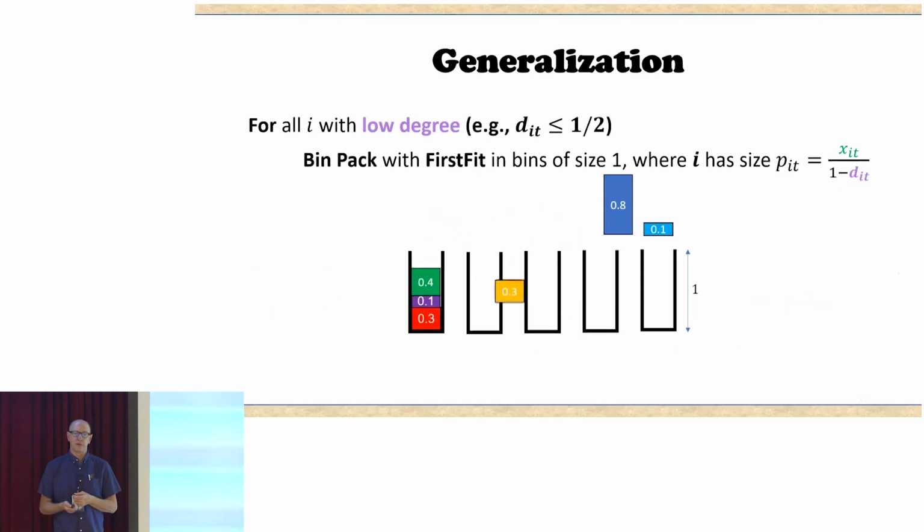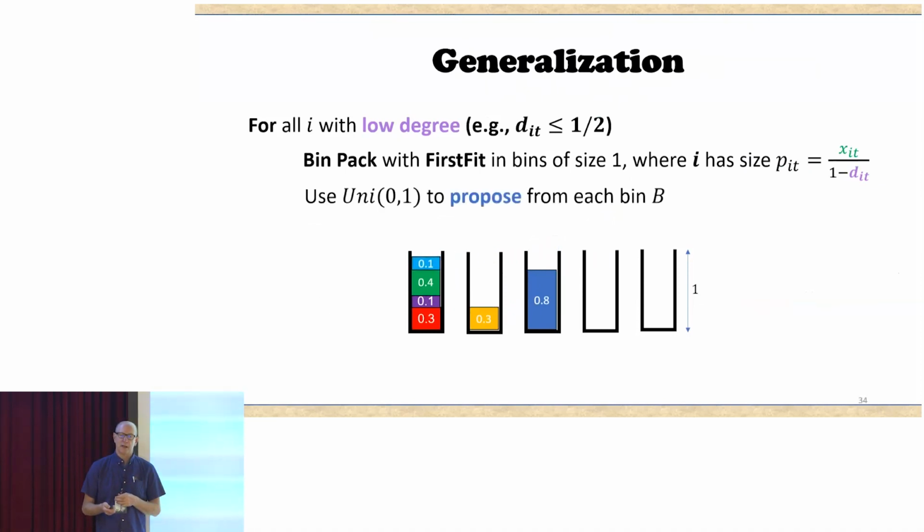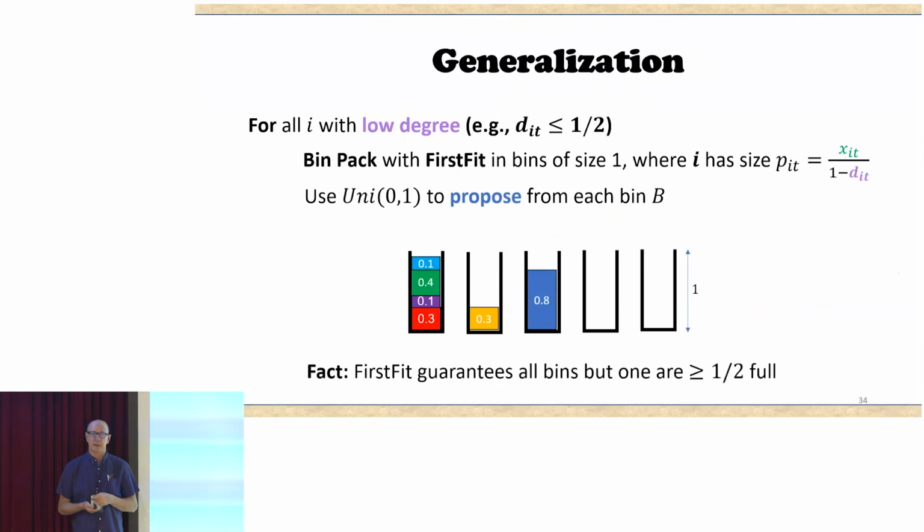We're running first fit. And so we get a distribution into bins. From each bin, we'll just sample by picking a uniformly chosen threshold between 0 and 1, and that will determine the precise offline vertex that we're choosing from that bin.